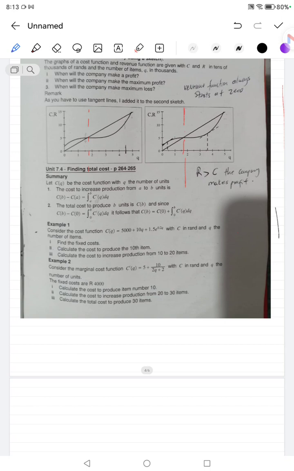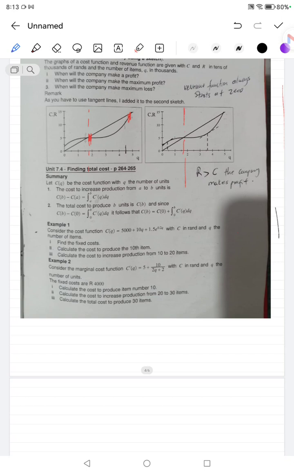The company will definitely make a profit from this region up to somewhere here. I don't know, whoever was marking that side just marked around 4.5, but it still makes sense that the company is going to be making a profit along that region.